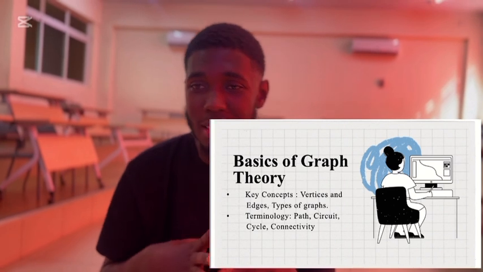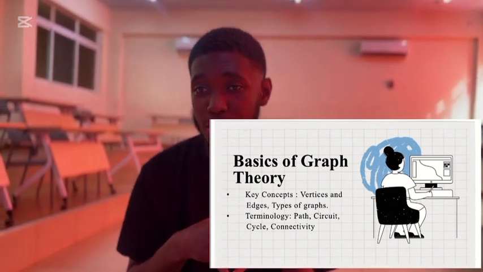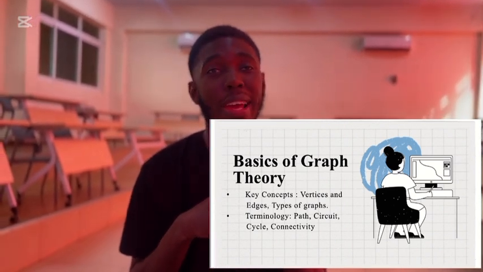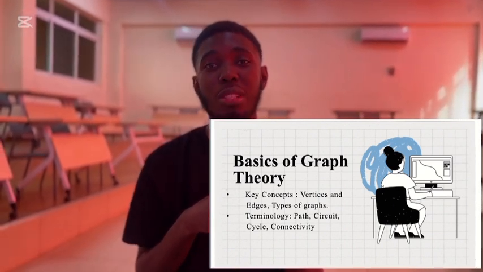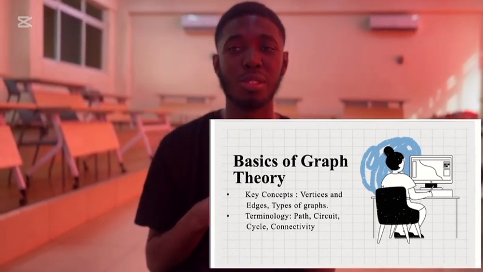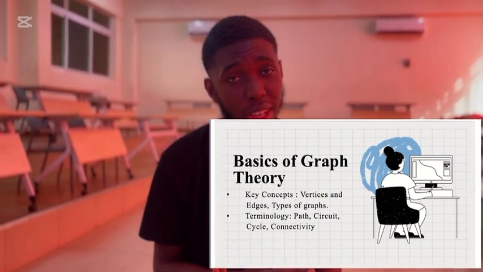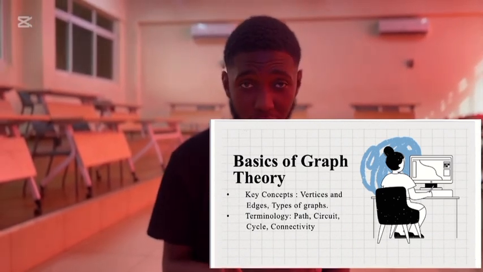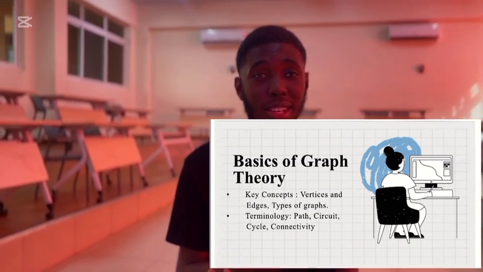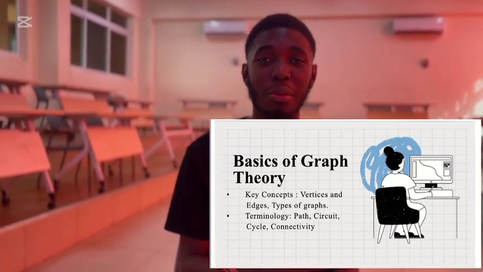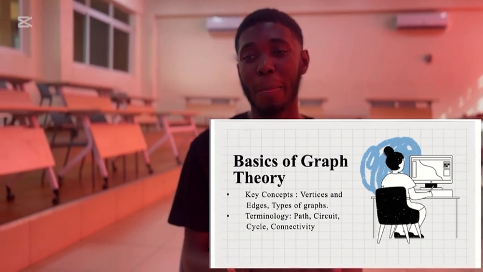Path graphs arrange vertices in a linear sequence connected by edges. Cycle graphs form closed loops where the last vertex connects back to the first vertex. Now multigraphs allow multiple edges between the same vertices, representing repeated relationships.